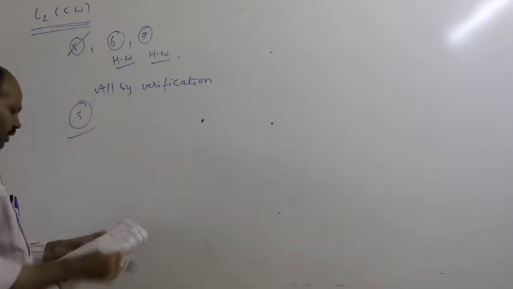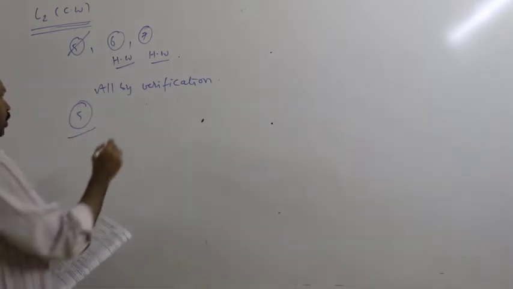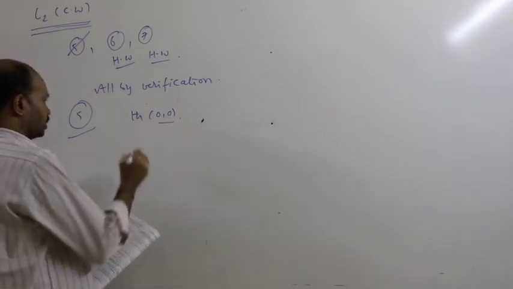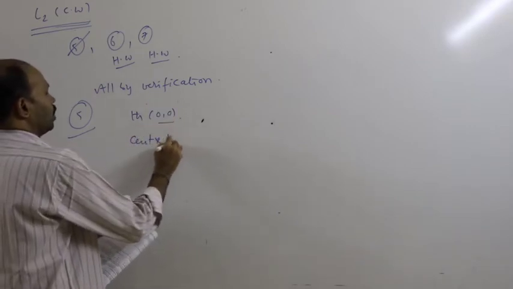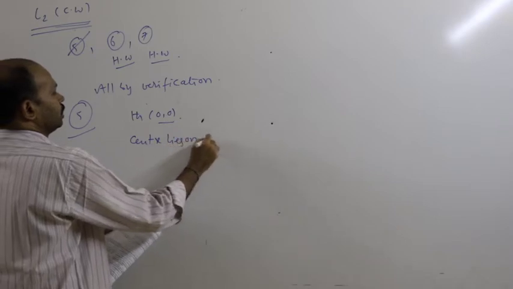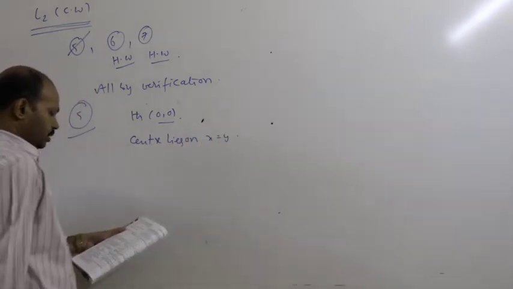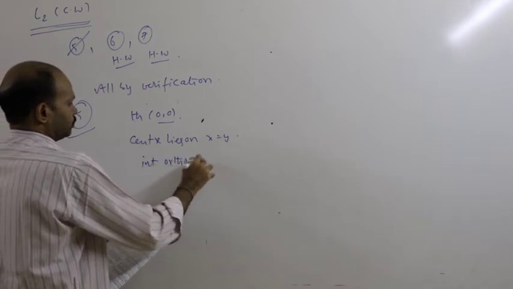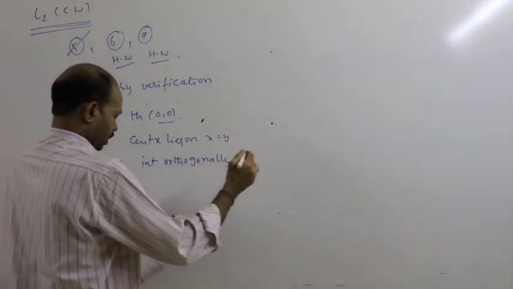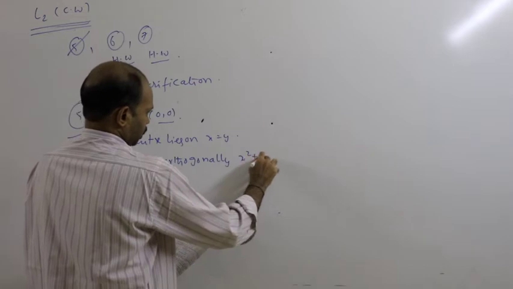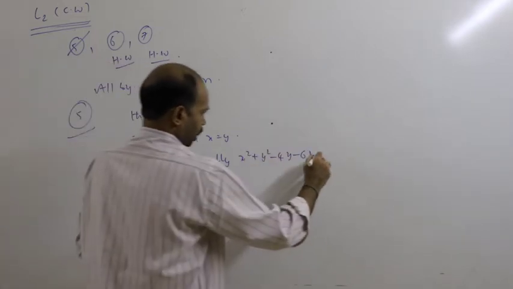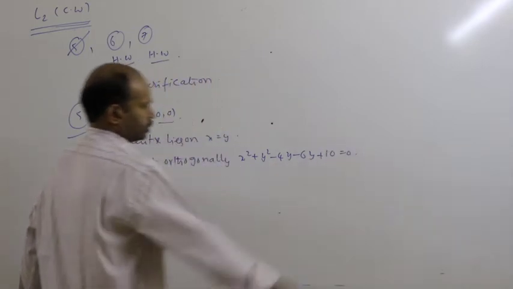Coming to problem 5. A circle is passing through 0, 0 and the center lies on x is equal to y and intersects orthogonally with the circle x square plus y square minus 4x minus 6y plus 10 is equal to 0.